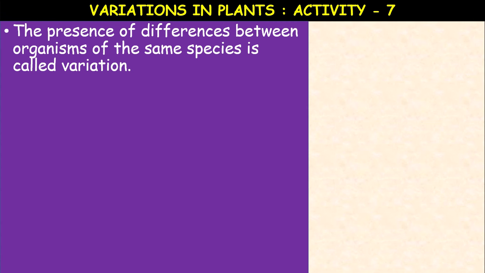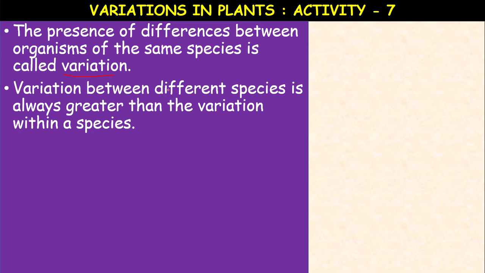Okay, so let us proceed. The presence of differences between the organisms of the same species is called variation. Okay, define variation: the presence of differences between the organisms of the same species is called variation. The variation between different species is always greater than the variations within a species.